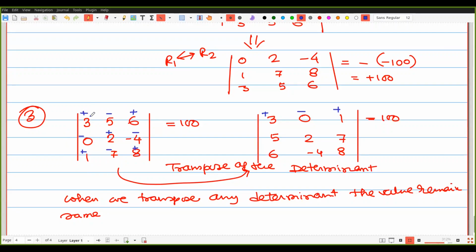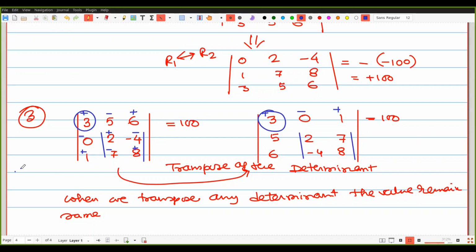And when we have that element 3, after transpose, the minor remains the same. Check. Before transpose, that is 2, minus 4, 7, 8. Here it is also 2, minus 4, 7, 8. The value remains the same.